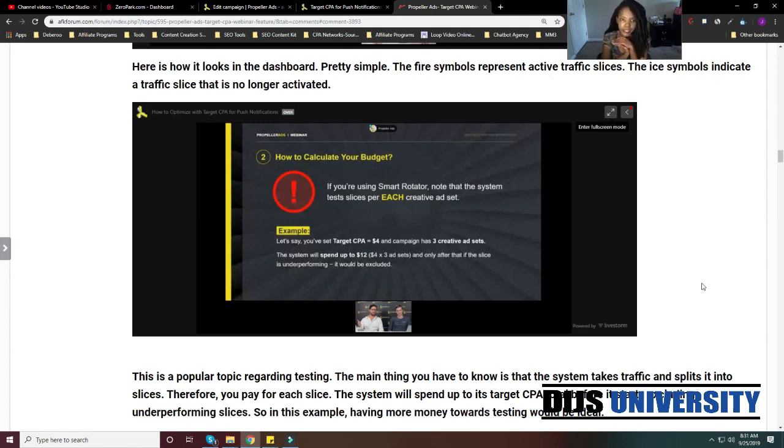So if it has 3 creative ad sets, the system will spend up to $12 because let's say our target CPA is $4, right? And only after that, if the slice is underperforming, will it be excluded. So if you're running a campaign where eventually the zone reaches $4, only at that time can you exclude the slice.